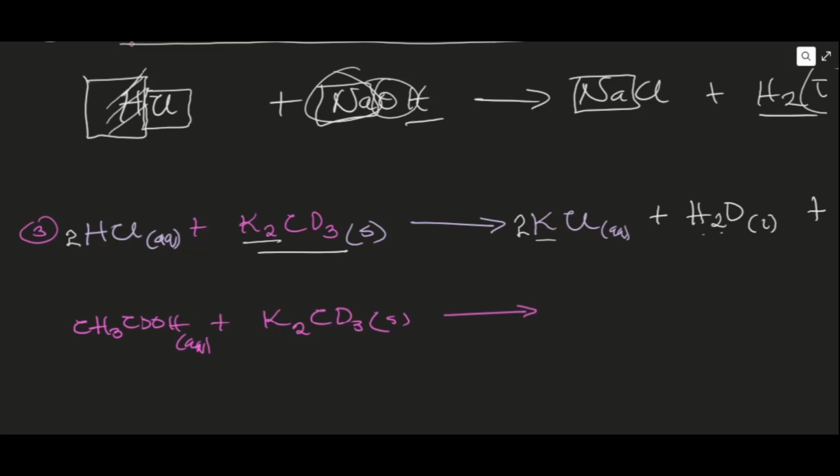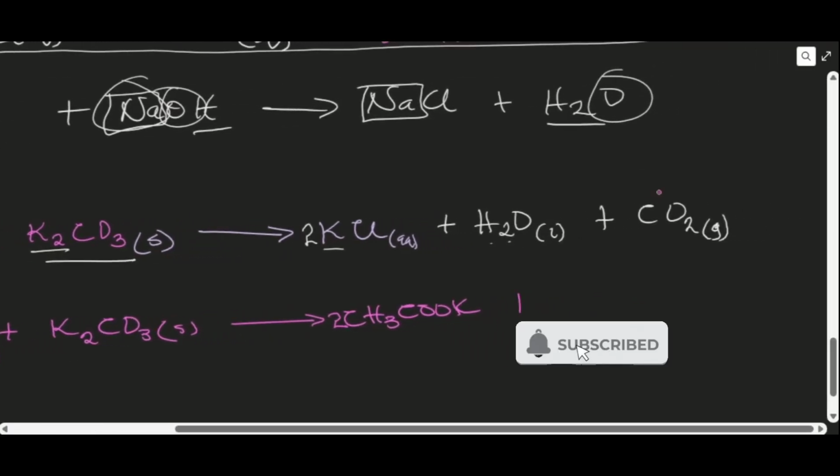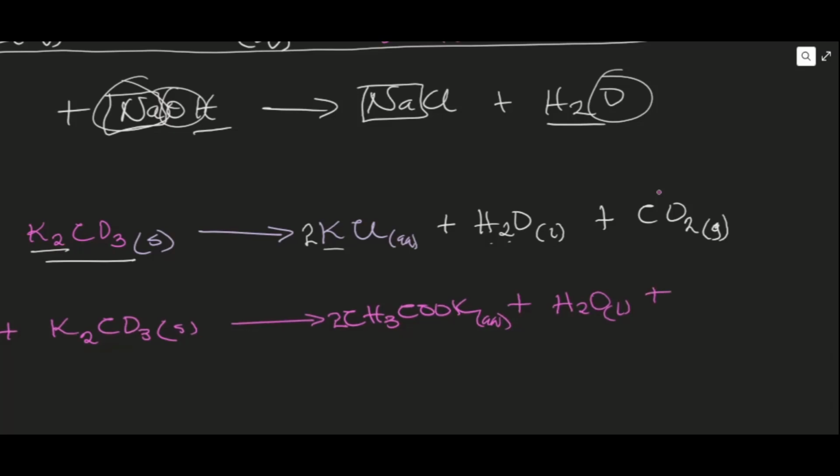So we're going to have potassium ethanoate this time around. It's going to be CH3COOK, and then it is 2, so we can just put 2 here directly. And then you supply the remaining product, which is going to be water, H2O, liquid, and this is aqueous, remember, and then our carbon dioxide, which is a gas.